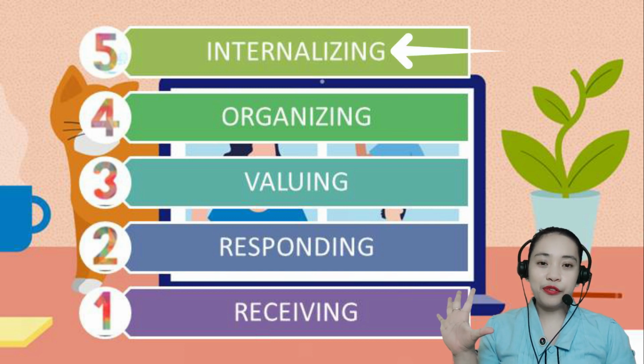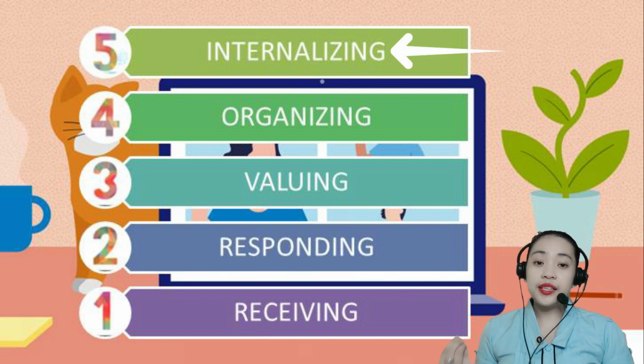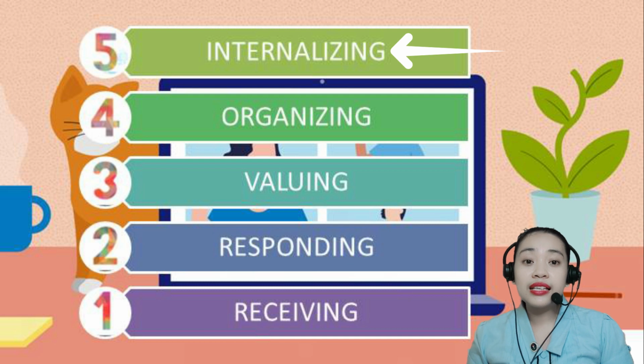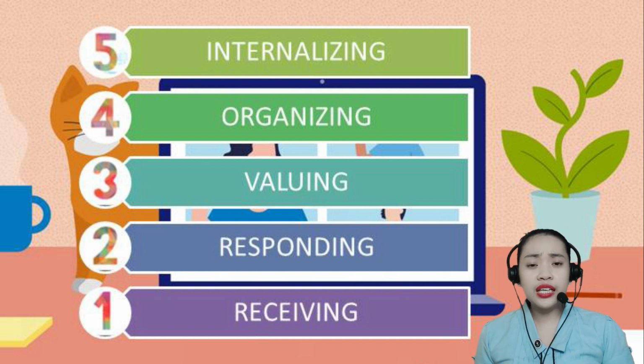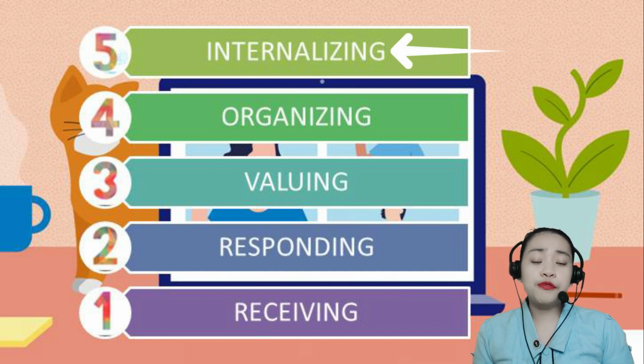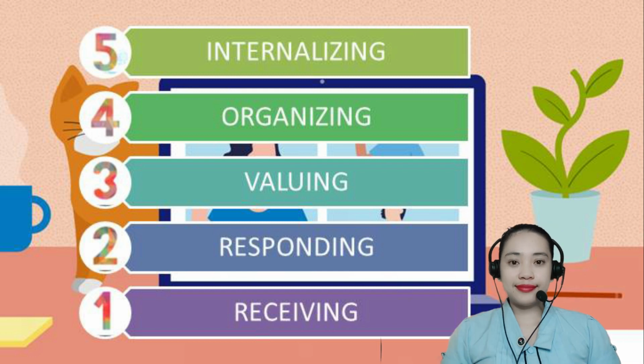And the last level for affective domain is internalizing. It is also termed as characterizing. It means acting consistently in accordance with a set of values you have internalized and your characterization or philosophy about life. Essentially, you internalize values and you let them control or guide your behavior.